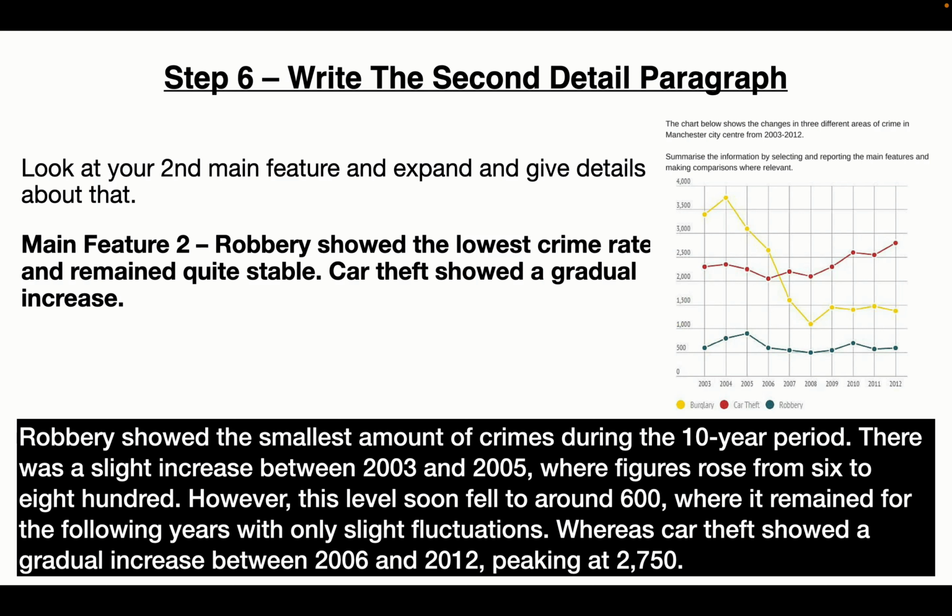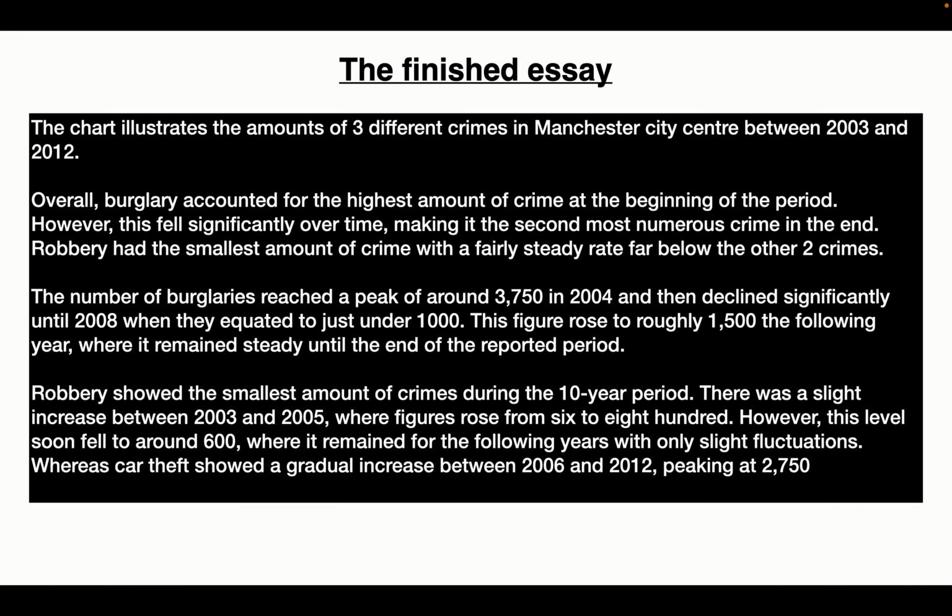However, this level soon fell to around 600, where it remained for the following years with only slight fluctuations, whereas car theft showed a gradual increase between 2006 and 2012, peaking at 2,750.